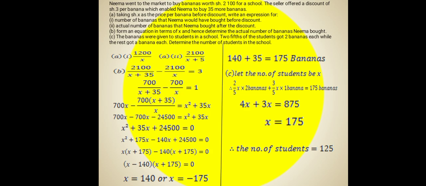I've written there x is 175. Just ignore that, it should be 125 if you solve x. This means that we have 4x plus 3x, that is 7x, is equal to 875. Divide by 7 on both sides, get 125.